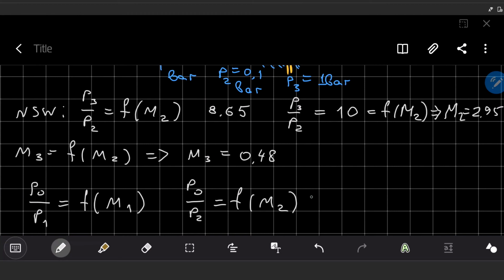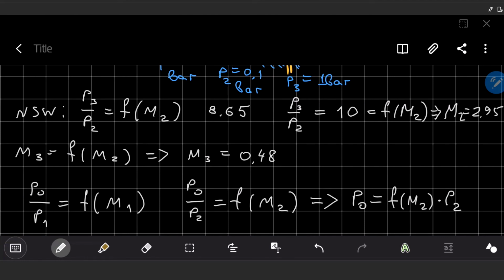So from here I will write that my P0 is equal to the function of Mach number 2 from the book, or from Appendix A, multiplied by P2.